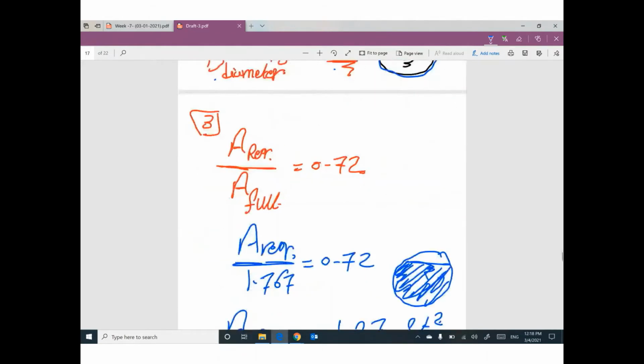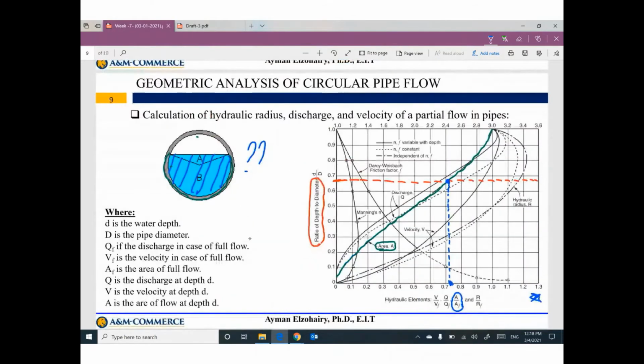From the chart, here is the ratio, depth divided by D. Go horizontal. Which curve am I going to use? What are you looking for? I'm looking for area, so go ahead and choose the area curve. The intersection between this curve and the horizontal line is this point. Go down. This value represents the ratio between the two areas, area required and the area full.